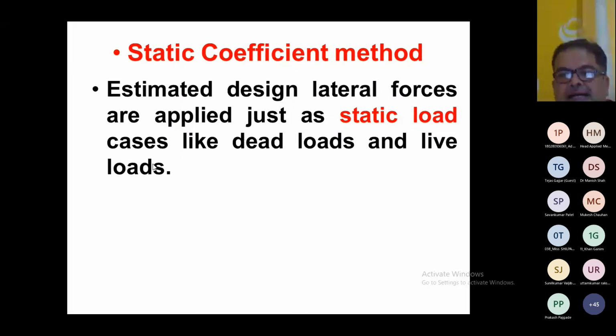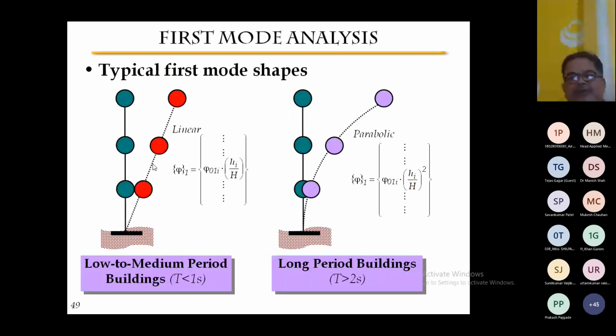So an alternate method has been given. This is a static load, the static coefficient method, in which you have to apply a lateral load like a static load, and you can analyze. Most of us are very comfortable with static load, not comfortable with dynamic load, right?